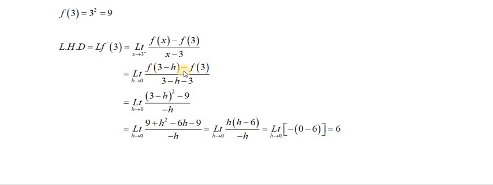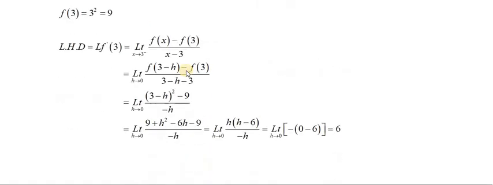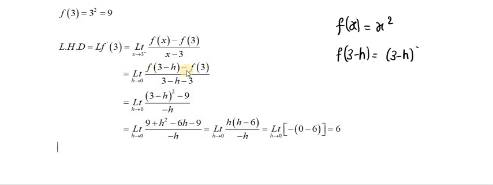Now f of 3 minus h value: here we have f of x value as x square. That's why f of 3 minus h value is 3 minus h whole square. So, replace f of 3 minus h by 3 minus h whole square.